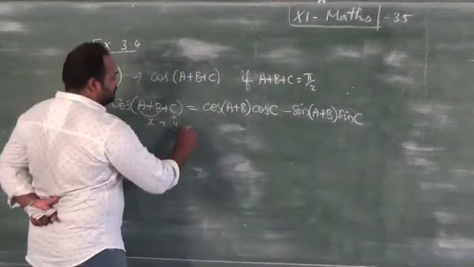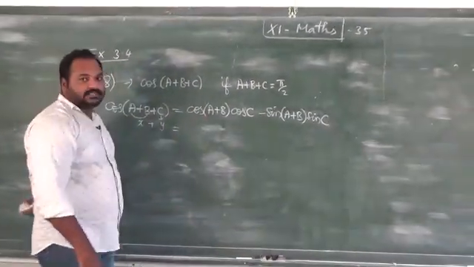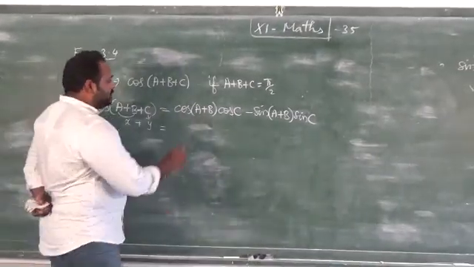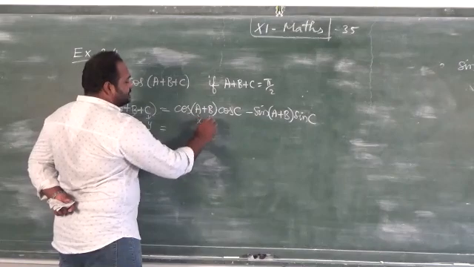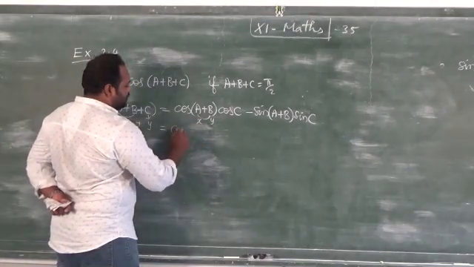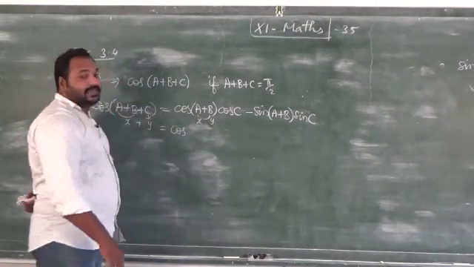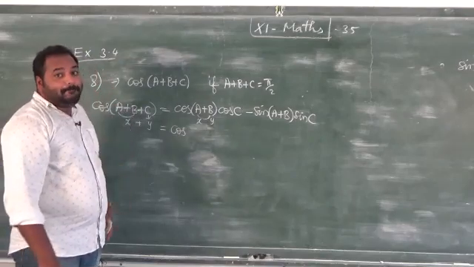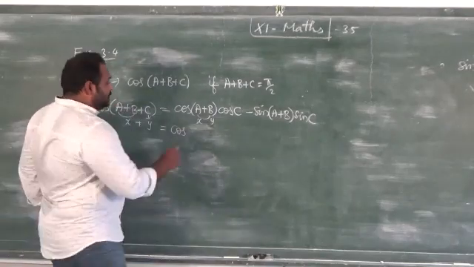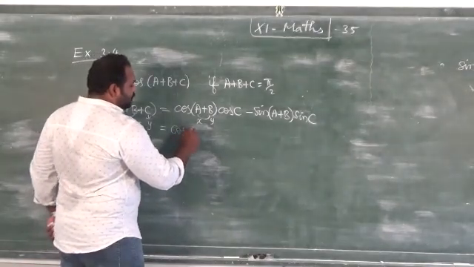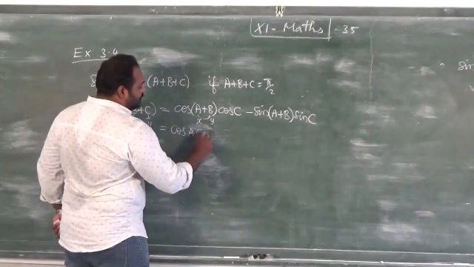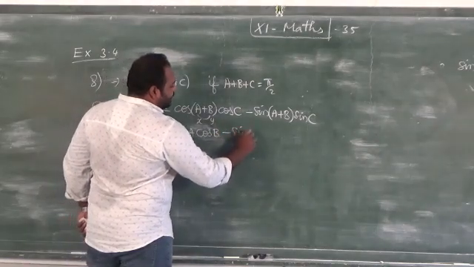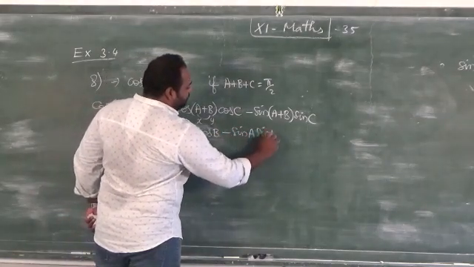Next, once again, if you see this bracket, we have a plus b. I am going to use the a plus b formula. So this is x, this is y. Once again, cos of x plus y formula is cos x cos y minus sin x sin y. So here cos a cos b minus sin a sin b.